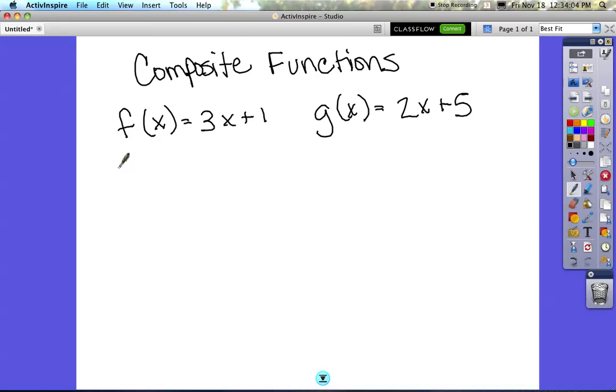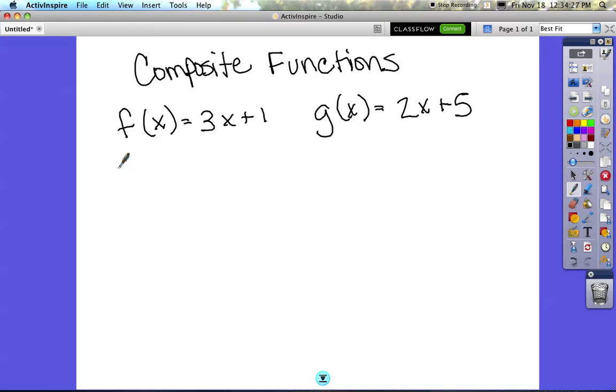Y'all see that? Okay, I've got a g of x, which is 2x plus 5. You may also see h of x. That just tells you which equation to use.